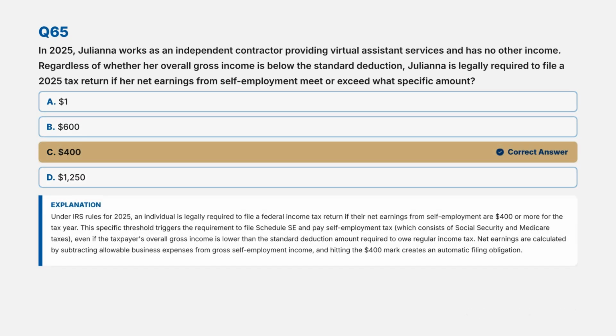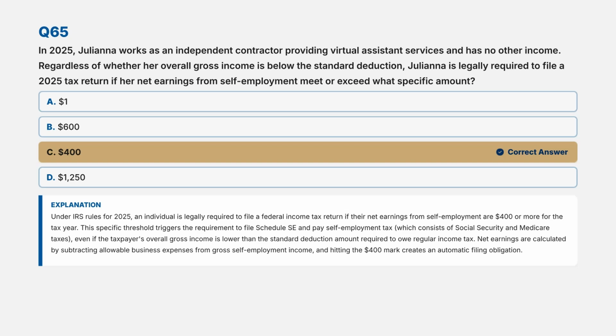The correct answer is C. $400. Under IRS rules for 2025, an individual is legally required to file a federal income tax return if their net earnings from self-employment are $400 or more for the tax year.